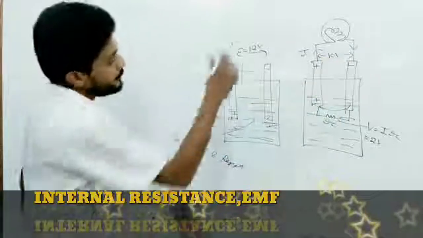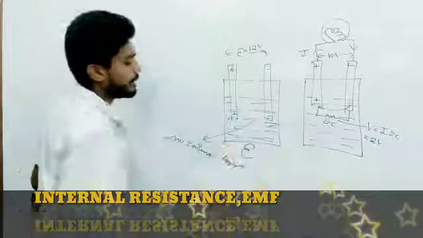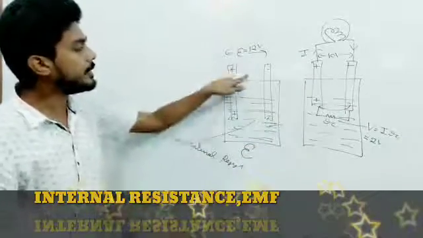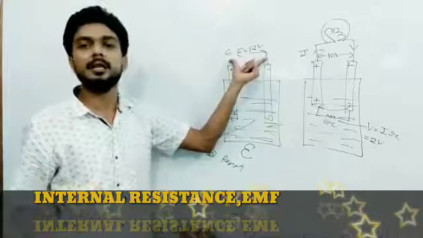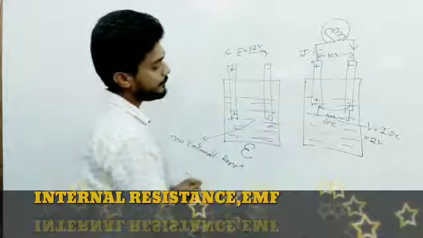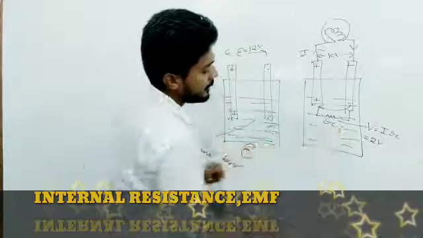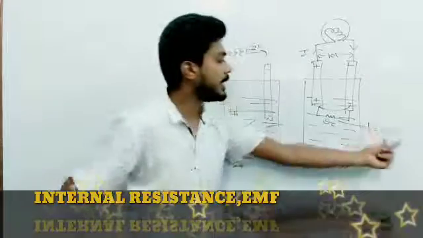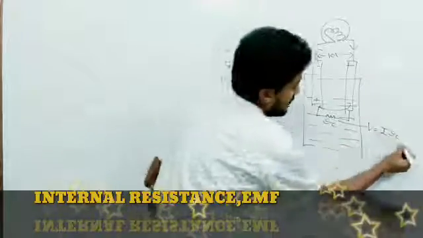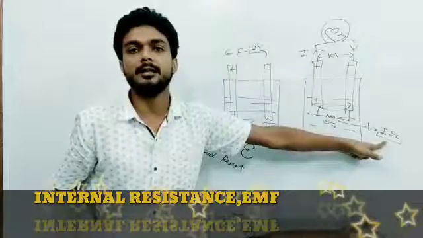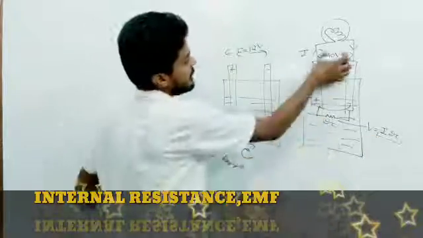If E is the EMF of the cell, then at open circuit the net potential difference is E. But if r is the internal resistance, then the loss is Ir. This amount of potential drops inside. Then how much will remain here?